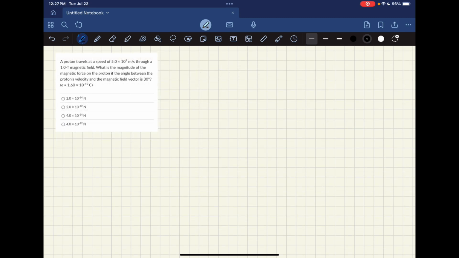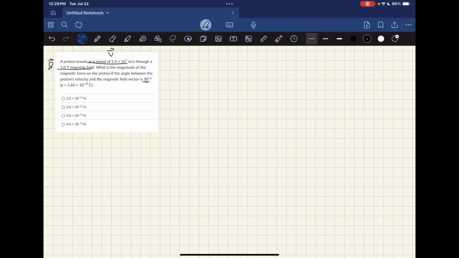So this is the last problem we're gonna do here. We have a proton traveling at a speed of 5 times 10 to the 7 meters per second through a 1 Tesla magnetic field. What is the magnitude of the magnetic force on the proton if the angle between the proton's velocity and the magnetic field vector is 30 degrees?